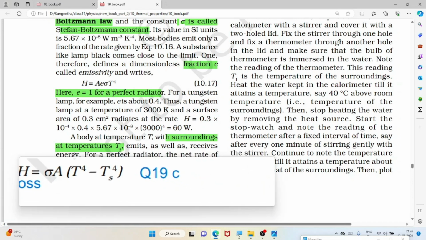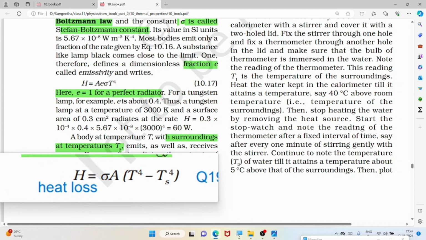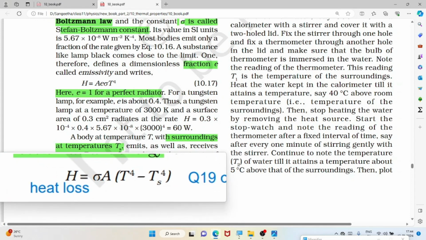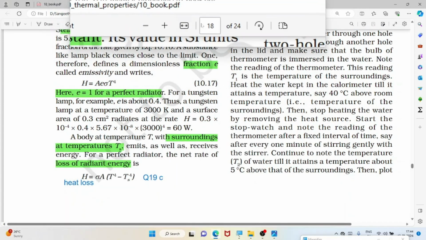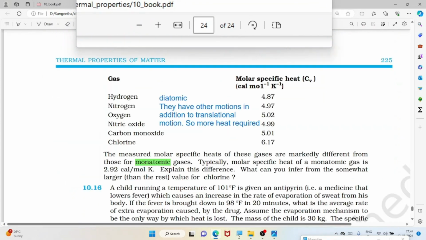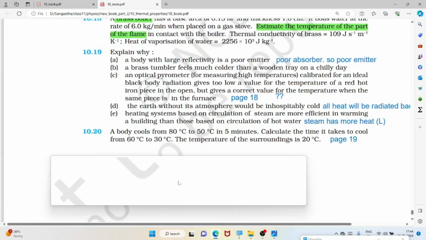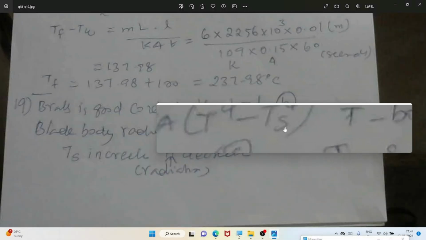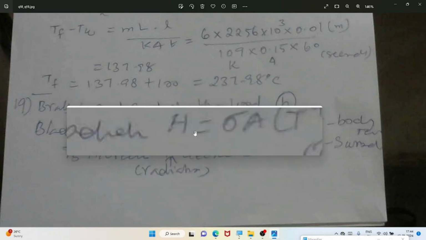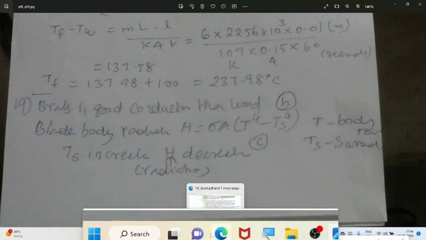But within the furnace, the surrounding temperature will be more, so the radiation will be less, heat loss will be less, so that we will get the accurate reading. Here the surrounding temperature is what matters; the radiation loss will be less inside the furnace, but in the open it will be more.